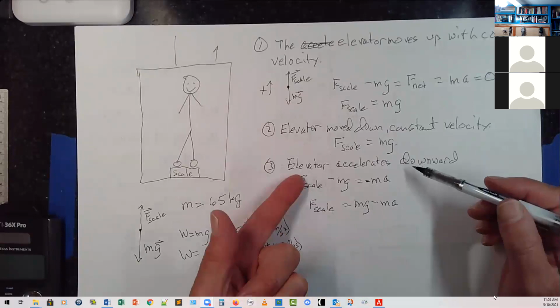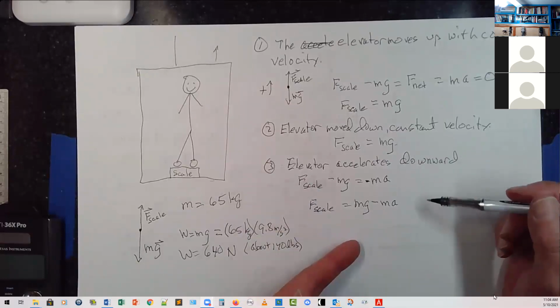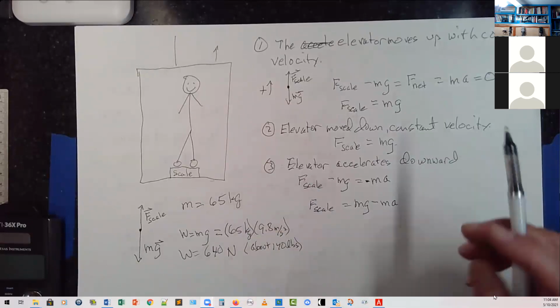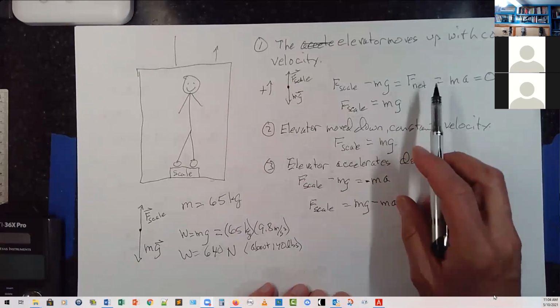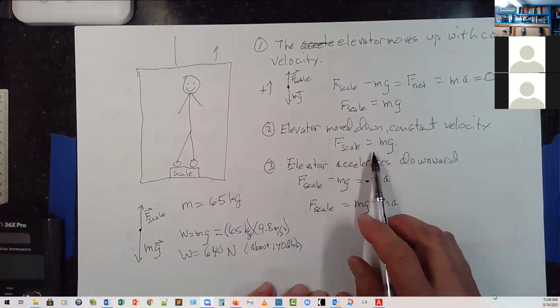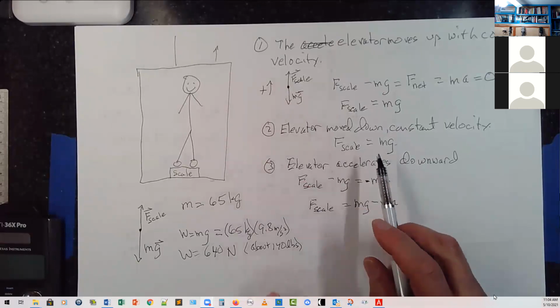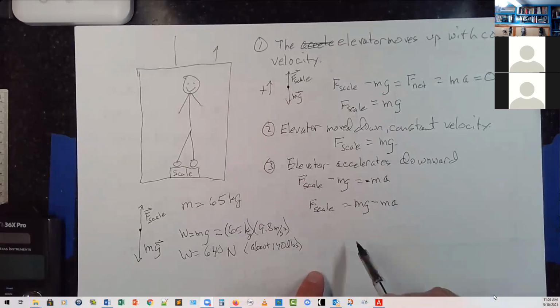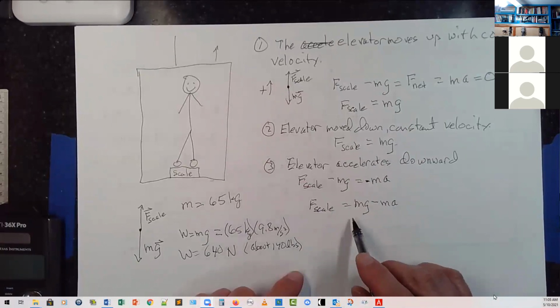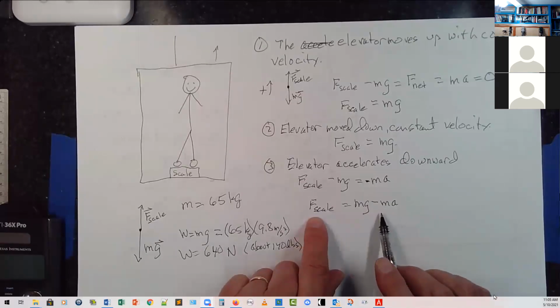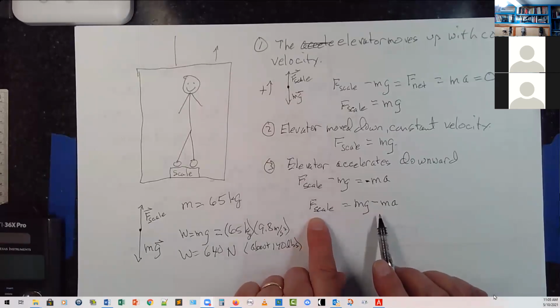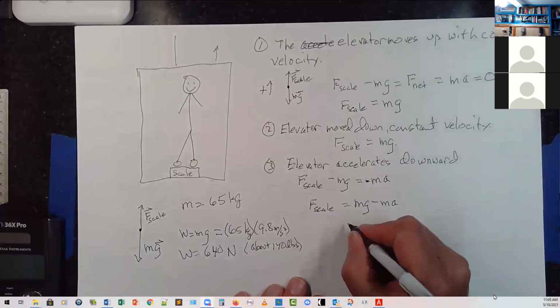Elevators don't accelerate downward for very long. They just do it for a couple of seconds, and then they move downward with constant velocity. So most of the trip, you'll just feel your regular weight on the force of the scale. Your feet will feel that. But for a short time, you'll feel a little bit lighter at the top of the downward trip.